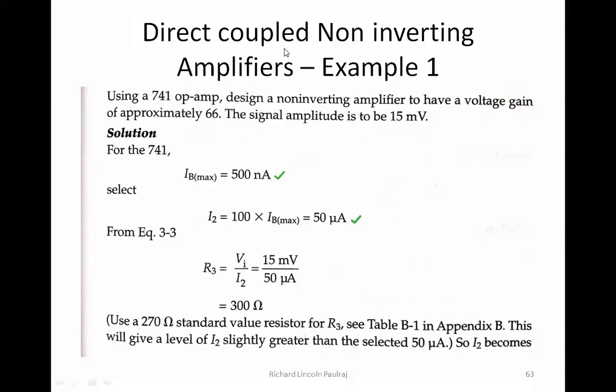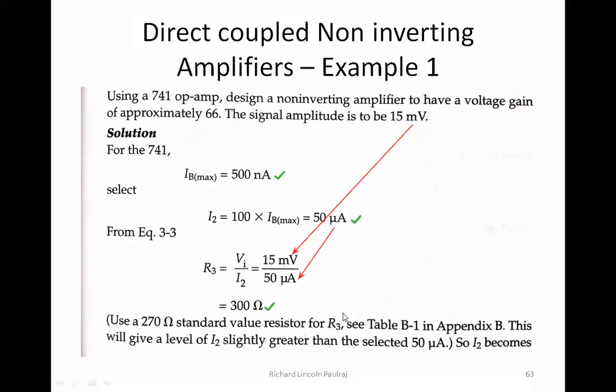So I am taking it from there, and this I2 value is again taken from here, right? So calculate and tell me if it's correct. R3. Yes, sir, correct one. So we are getting about 300. And since we are talking of resistance, the unit is going to be ohms, right?